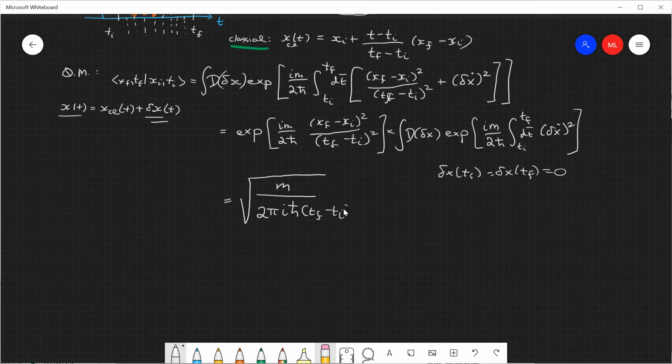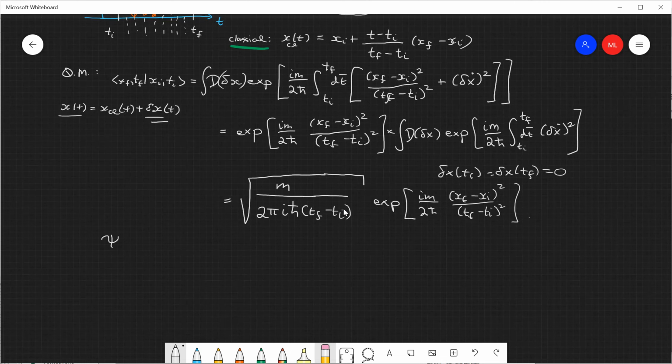After you do this, you get the square root factor, which I might show you in recitation if there's interest. But then you have this exponential part, which we got from the classical path. And that's your propagator.